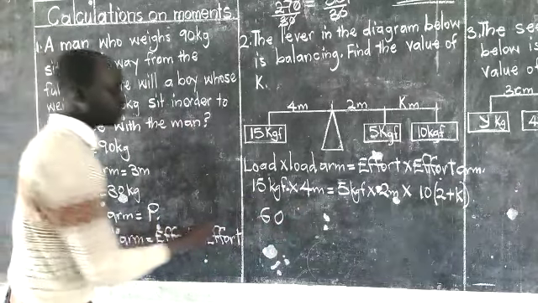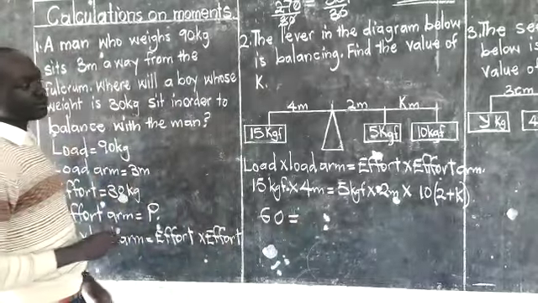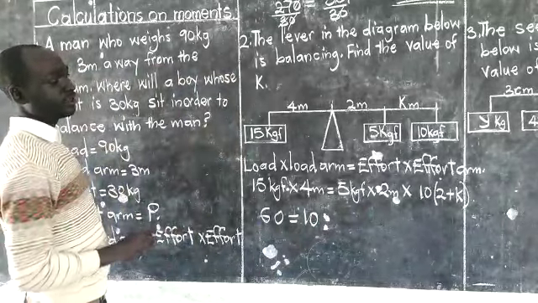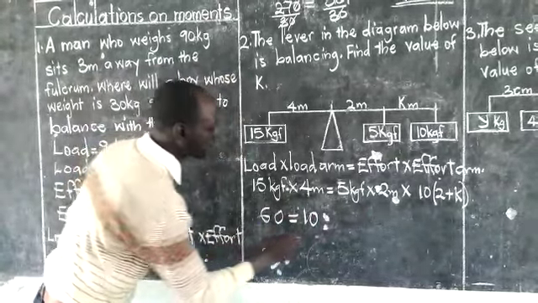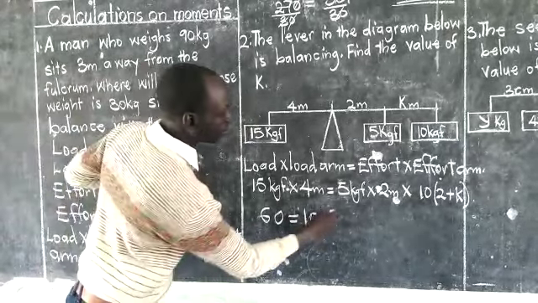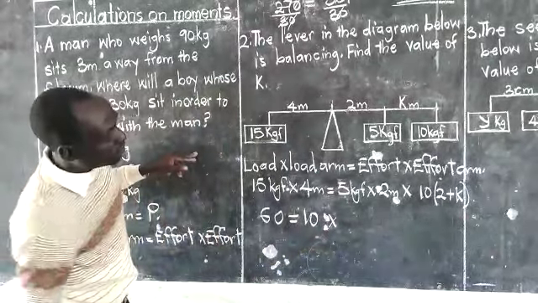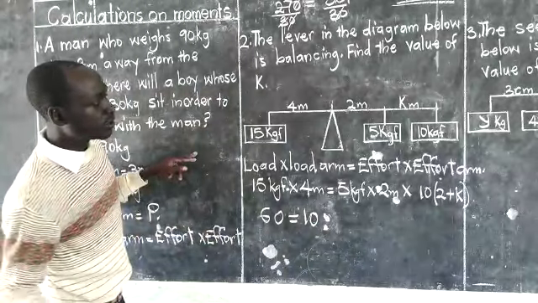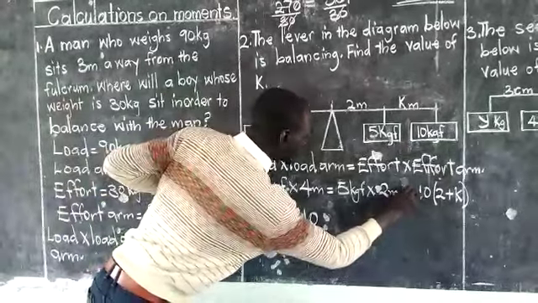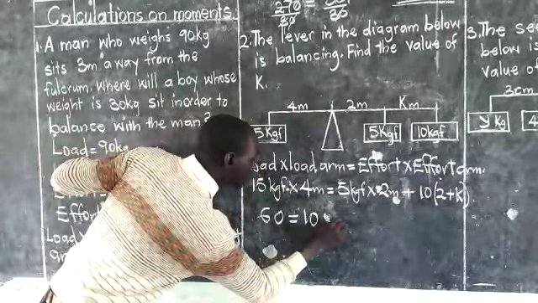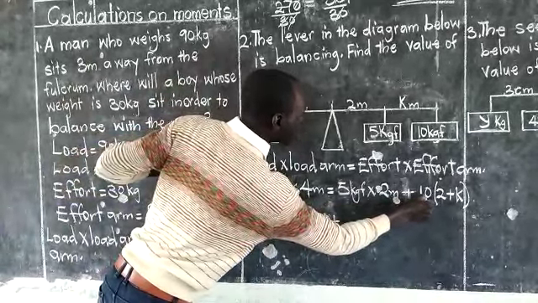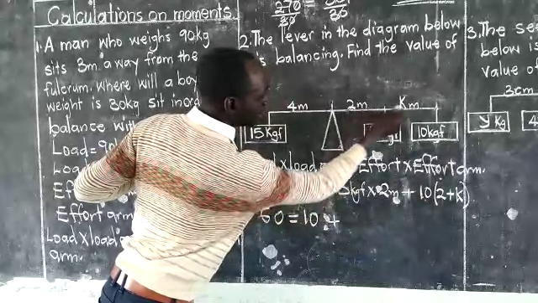That gives you 60 is equal to, this 5 by 2 gives you 10, then this 10 is added to this 10 times its arm, which is the 2 plus k.